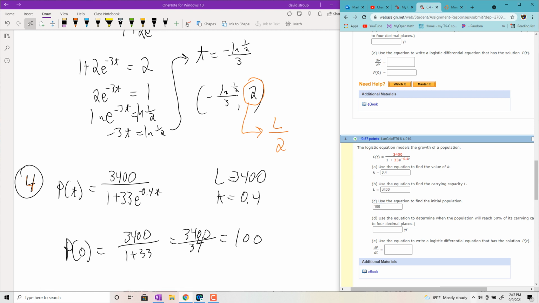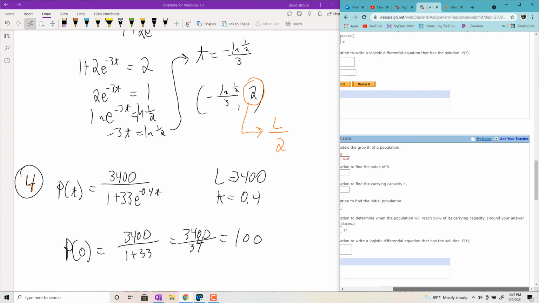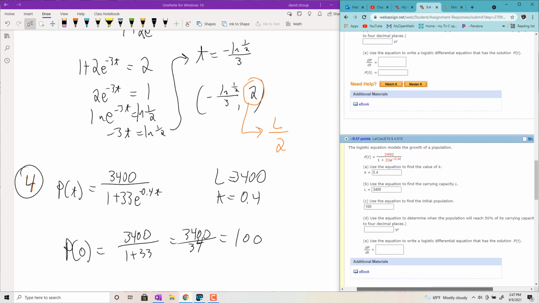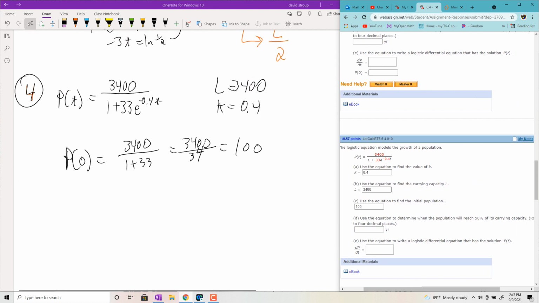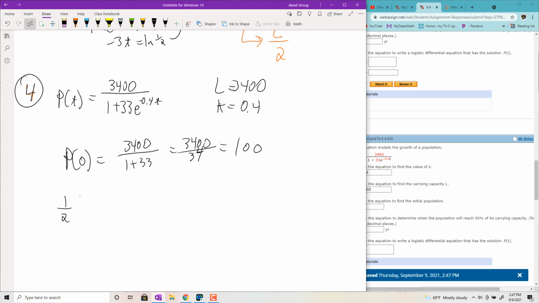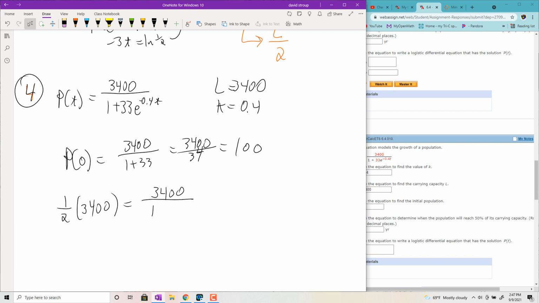Use the equation to determine when the population will be 50% of its carrying capacity. This is basically a pre-calc problem. Just go 1/2 times the carrying capacity equals 3400 all over 1 plus 33e to the negative 0.4t, and you're solving for t. I'll cross multiply.